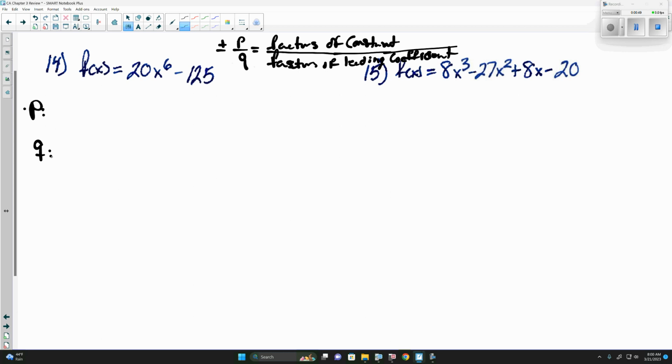So we can look at 14 first. Factors of p and factors of q is what I would find first. So we'd find factors of 125, our constant term.